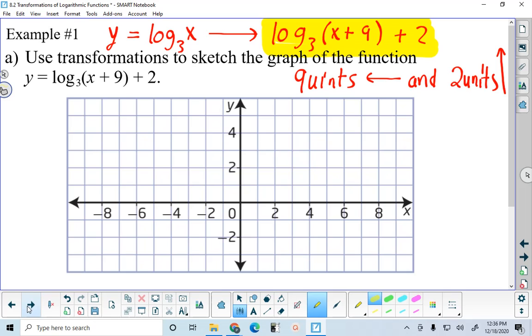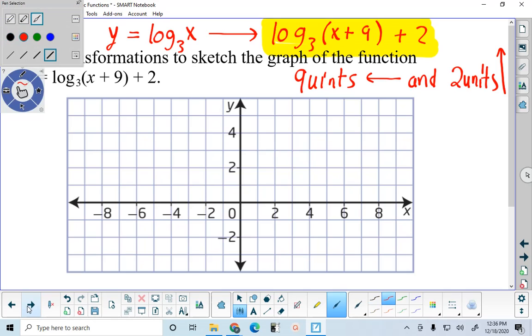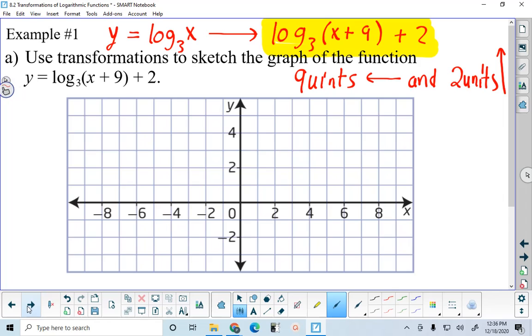Well, here's where things get a little bit, I guess involved is the word. I know what log base 3 of x looks like. I'm guessing that most of you don't. So we have to go back to yesterday and remember that log base 3 of x is the inverse of y equals 3 to the x.